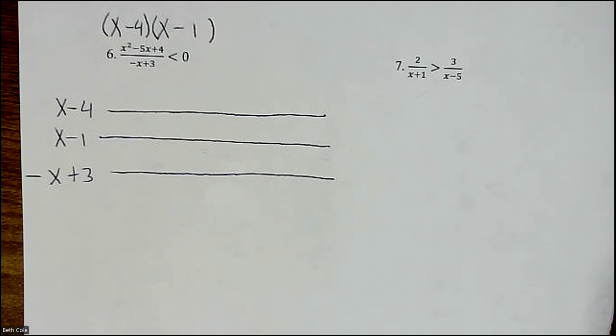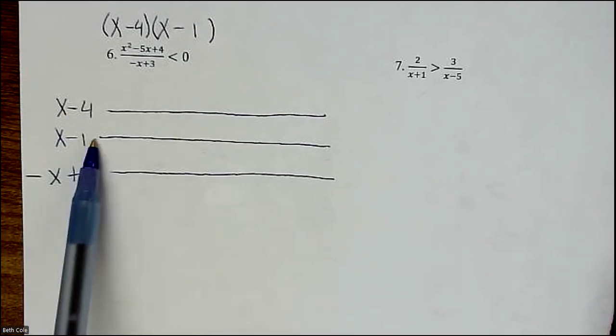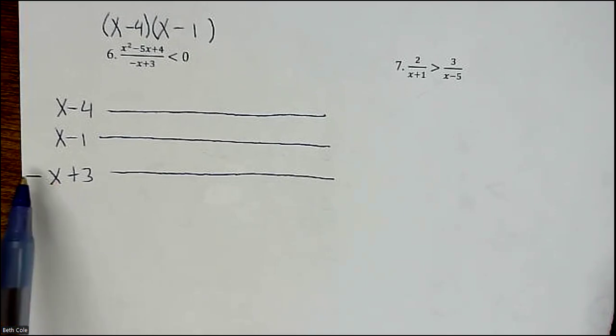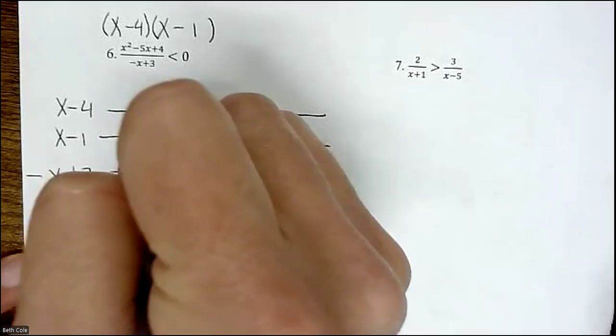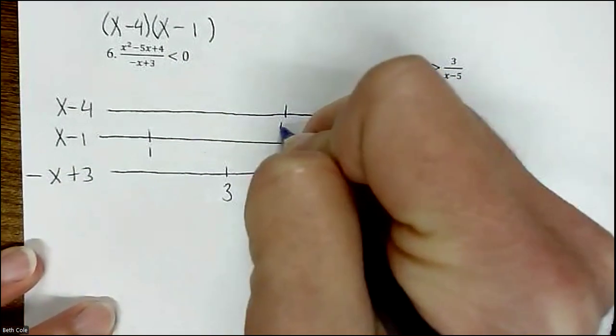So let's see where our zeros would be because we have to get them in order. This one would be 4. This one would be 1. What would this one be? 3. Because if you plug 3 in there, do you see how you'll have -3 plus 3? 0. Okay, so in order, they would go 1, 3, 4.